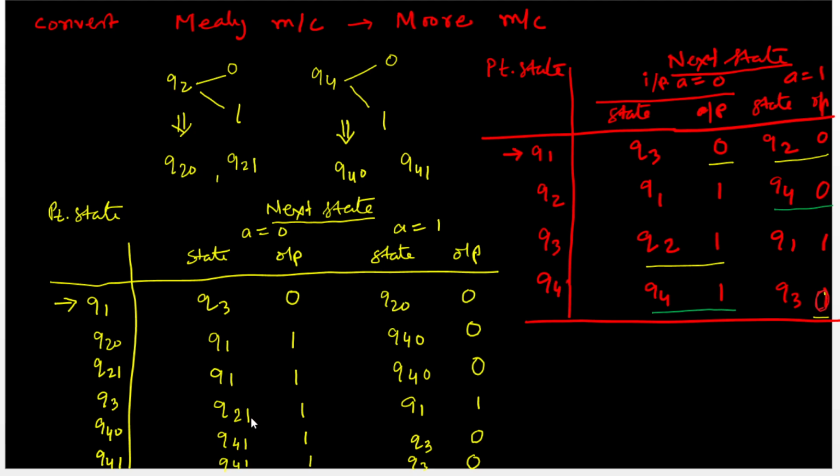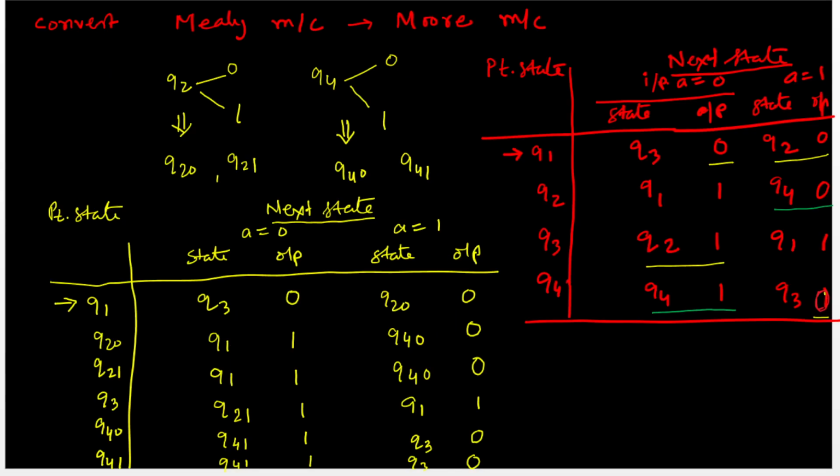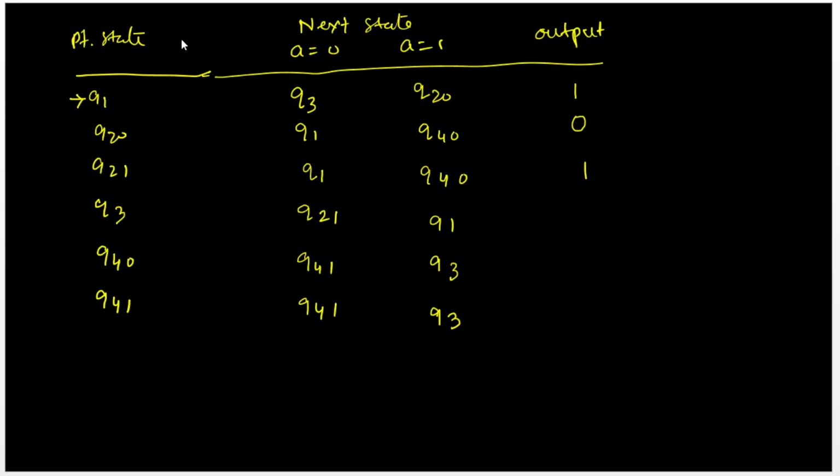When there is a Q2 1 state, its output is 1. For Q3, the output is always 0, but for Q4 1, the output is 1, and Q4 0 output is 0. So in this manner, we have to write. For Q2 0, obviously output is 0. For Q2 1, output is 1. And Q3, the output is always 0. And Q4 0 output is 0, and Q4 1 output is 1.